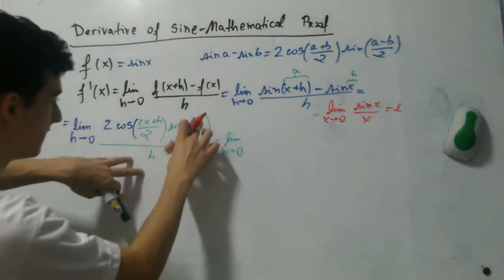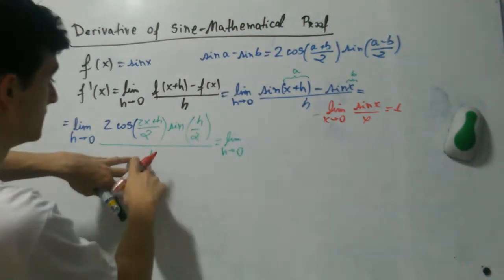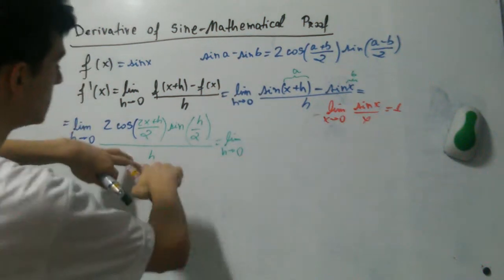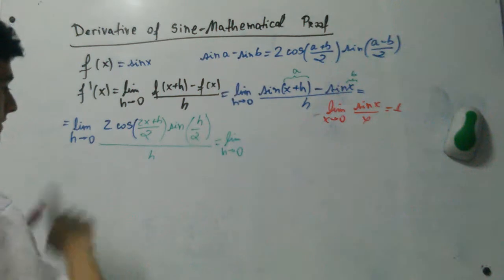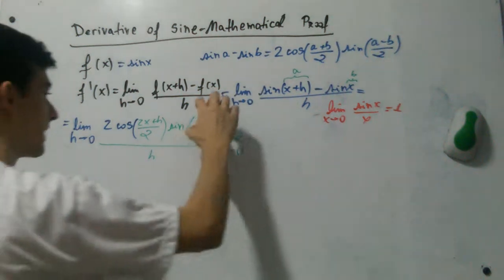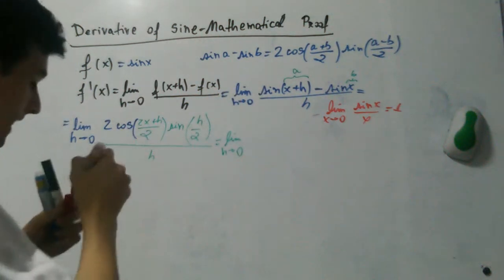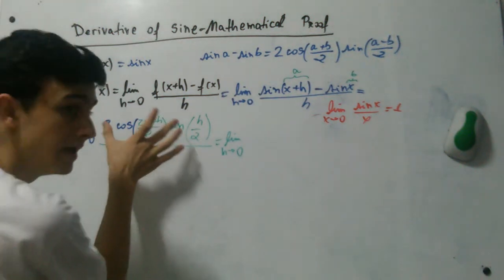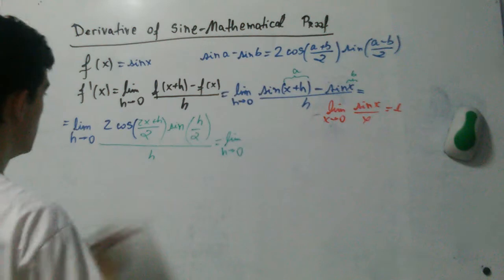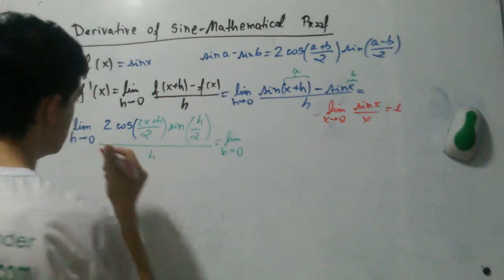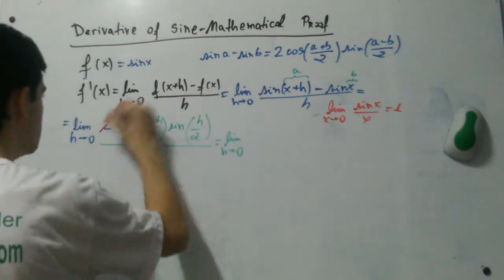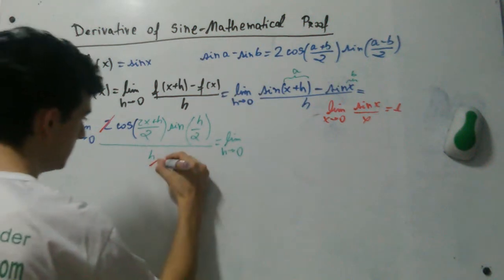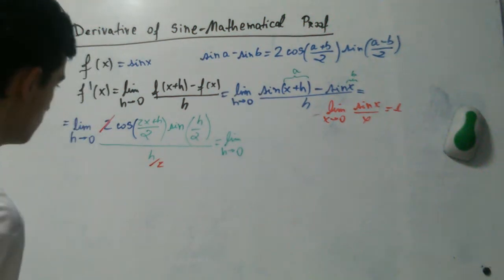So sine of h over 2 divided by h is very similar to this, but we need a divided by 2 right here, equal to the argument of the sine. We can do that. We can divide both the numerator and the denominator by 2. If we divide the numerator by 2, this 2 cancels out. And the denominator divided by 2 is h over 2.